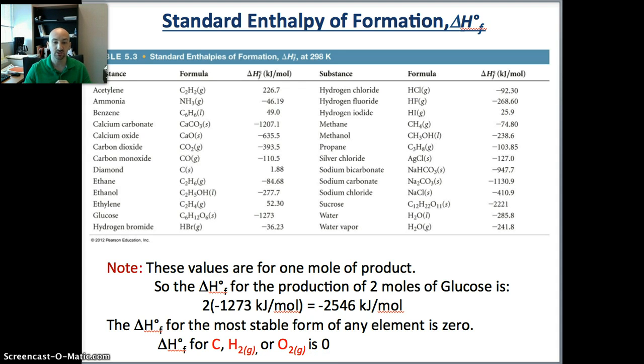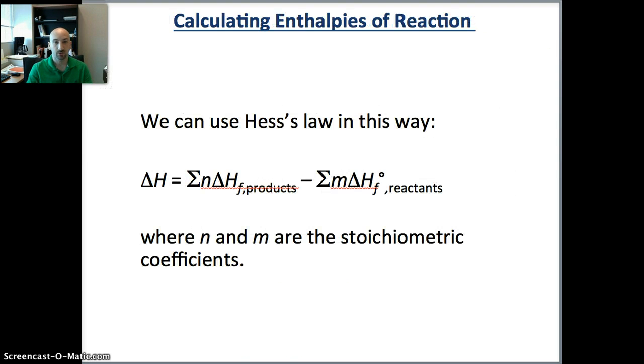Lastly, we can use these values to calculate the overall delta H of the reaction by using Hess's law. And we can use it in this way. Basically, the enthalpy of the reaction is equal to the sum of the enthalpies of formation of the products.